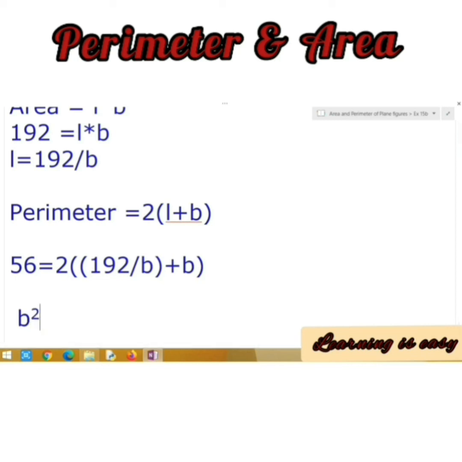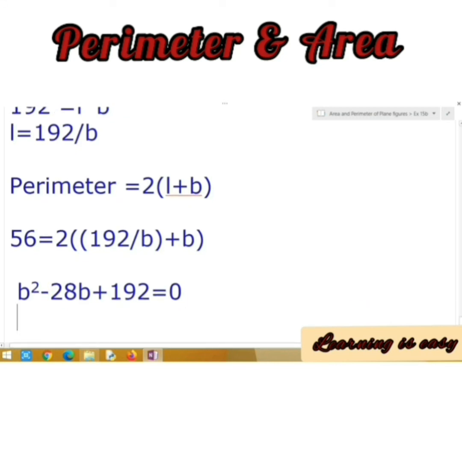That's going to be B squared minus. So we end up in quadratic equation after taking LCM and simplifying. So B square minus 28B plus 192 equal to 0.